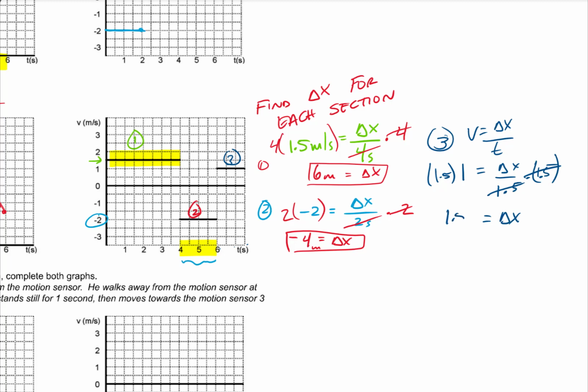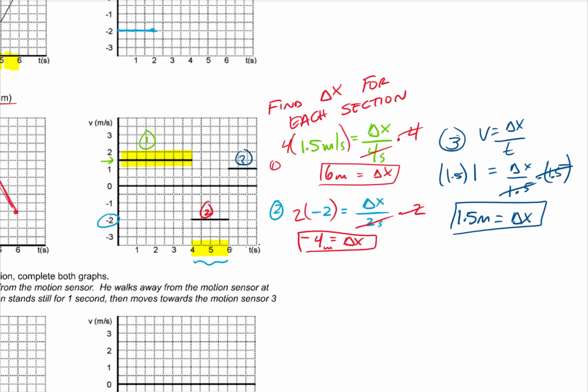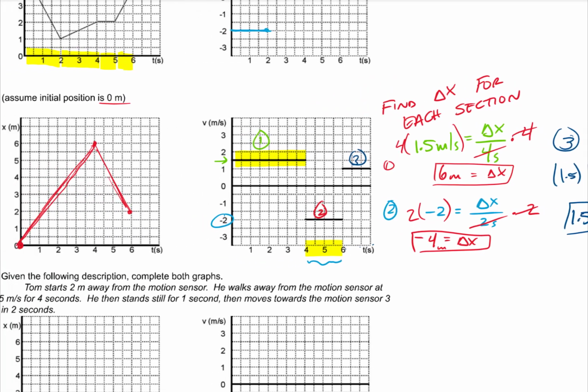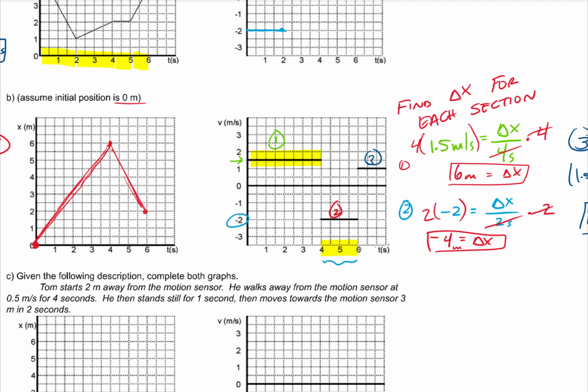Delta x comes out to be 1.5 meters. And so for that last chunk, I go an additional 1.5 meters. So by the end of the graph, I go from 2 to 3.5, because that's 1.5 meters bigger. And that's what my position versus time graph looks like. For each interval, I had to calculate the change in position.